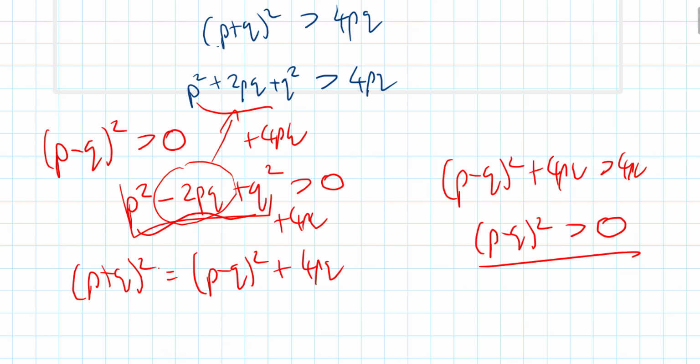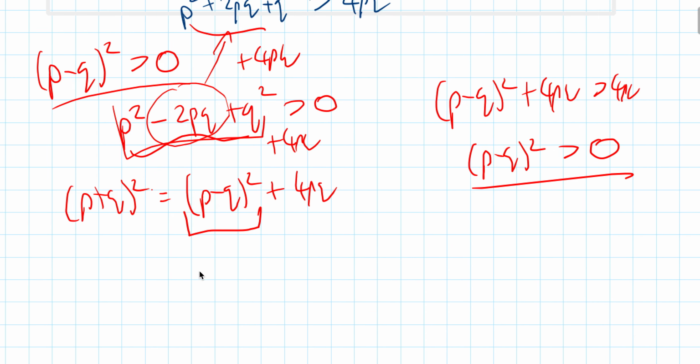By expanding it out, going through it, and solving it, we end up with (p-q)^2. If (p-q)^2 is greater than or equal to 0, then we can go to here and say this must be at least a positive number, and then we're going to add a positive number here.